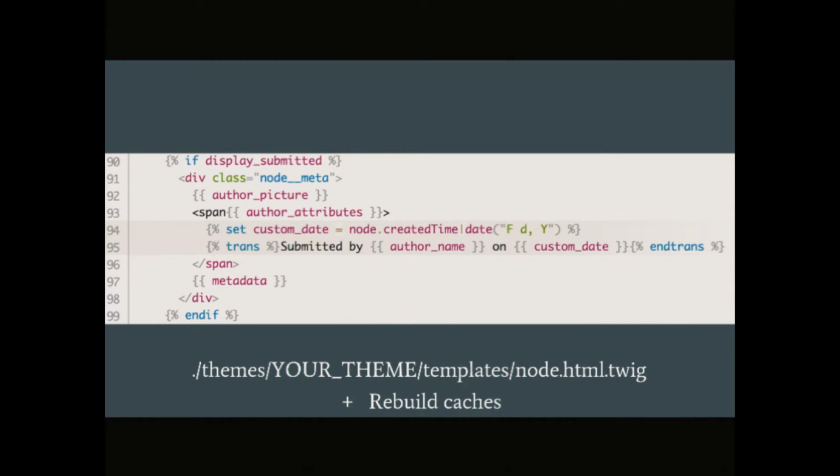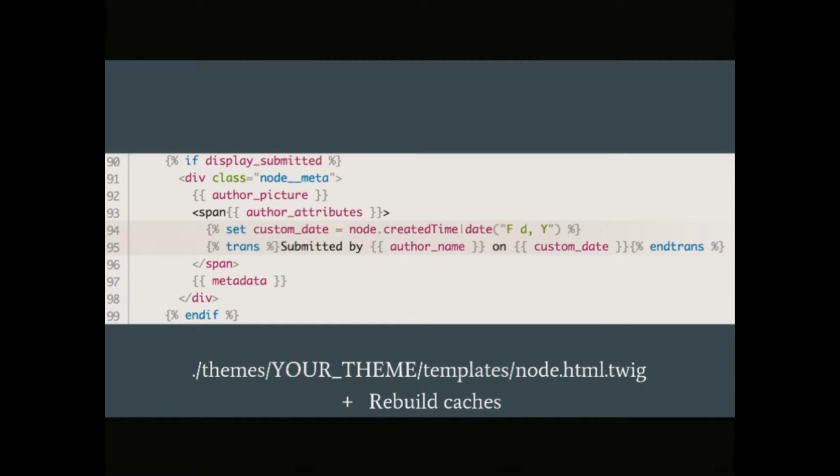So you're saying you couldn't put the node date time thing inside, in place of custom date? No, it has to be separate. I mean, in theory you can, but you don't get the result that you expect. If you do that, what you will get is a number. Drupal, as the first thing that returns something, outputs it. In this case, node.createdtime is the timestamp. So those are numbers.